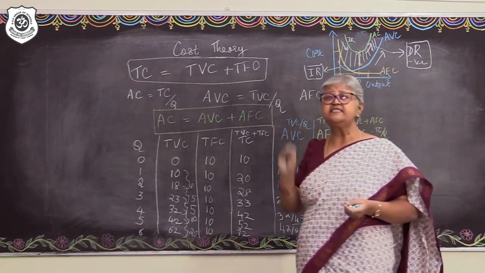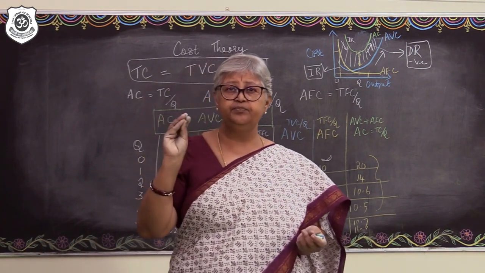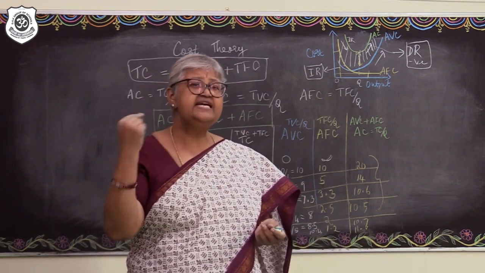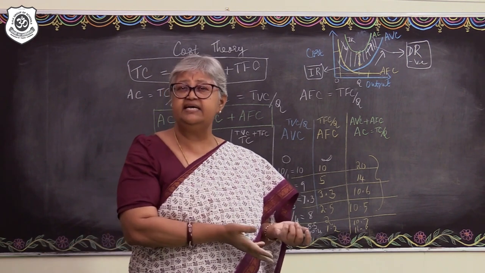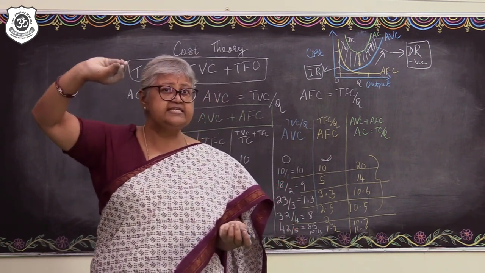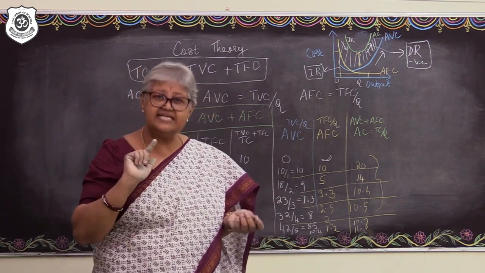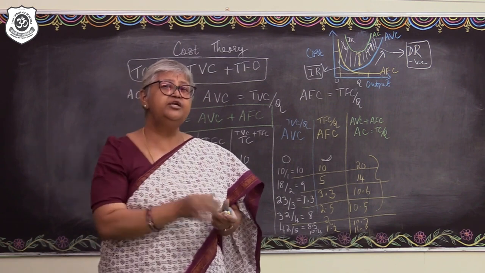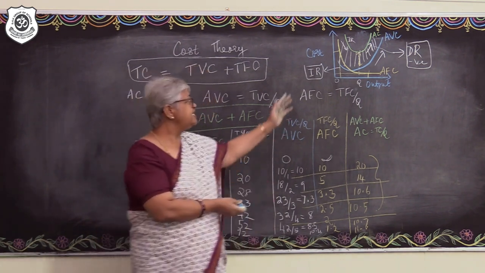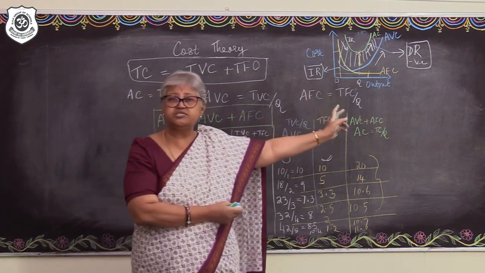That indicates the continuous fall in the AFC. Difference between AC and AVC is nothing but the AFC. So the vertical distance between AC and AVC is going to shrink, indicating a continuous fall in the average fixed cost.